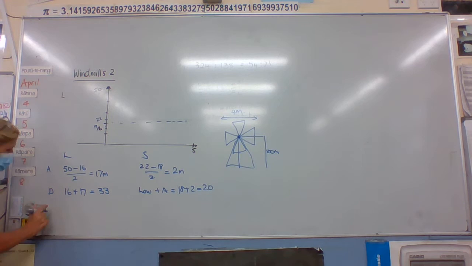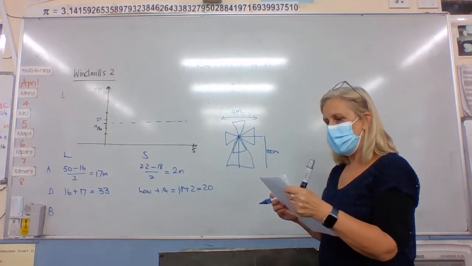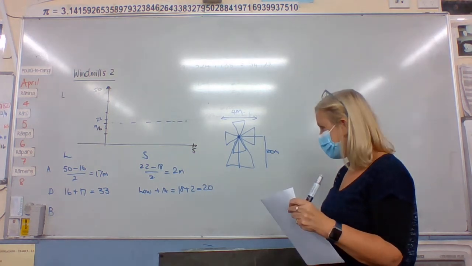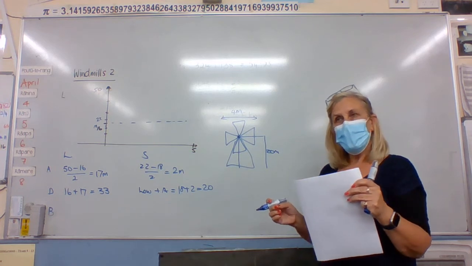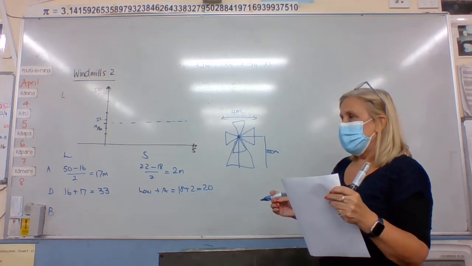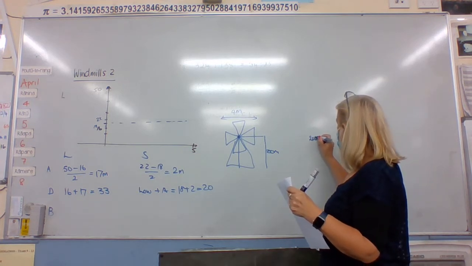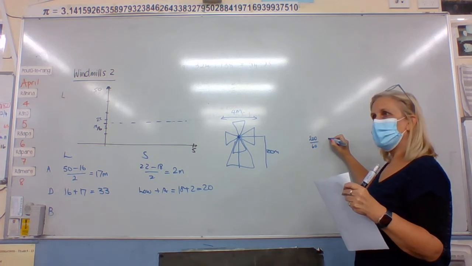The next one is B. So remember, B is about our period and our frequency. So the sails of the large windmill make 5 revolutions every 200 seconds. 200 seconds is how many minutes? 200 seconds divided by 60 is 3 minutes, 20 seconds.